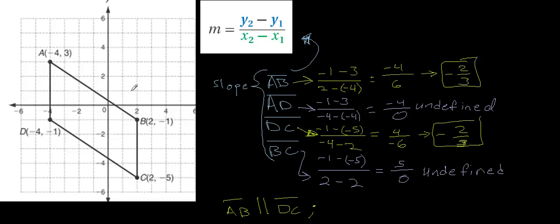So line segment AD and line segment BC are also going to be parallel. I misspelled that, so let's fix that. Line segment AD is parallel to line segment BC.